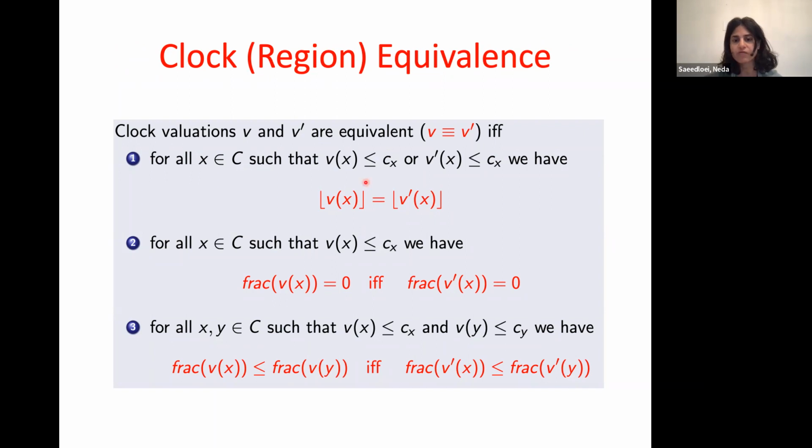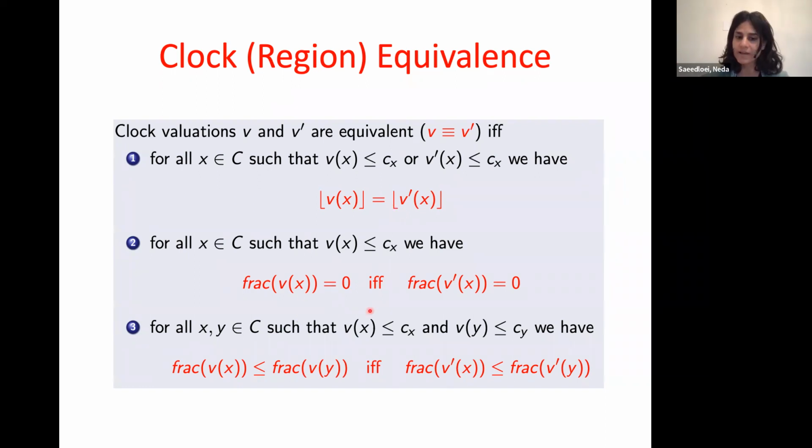So let us formalize what we said previously. We say two clock valuations V and V prime are equivalent if and only if for every clock x, the integral part of the valuation of clock x using V and V prime are the same.